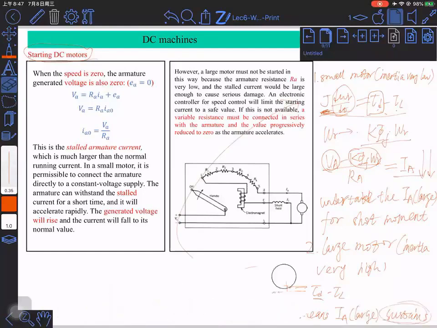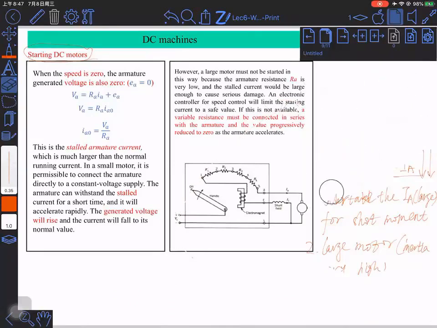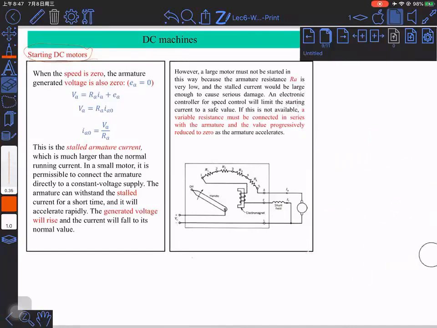So think about this. We want a small RA to increase the efficiency, because we can significantly reduce the I square R loss. But the small RA results in the huge starting current. So what should we do? What is the solution? What do we actually want?